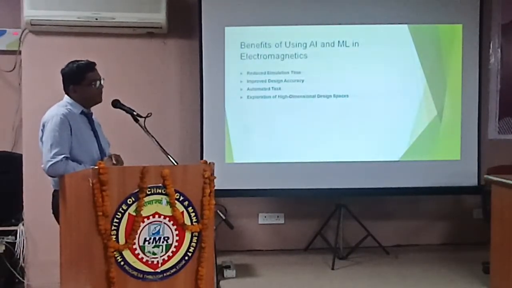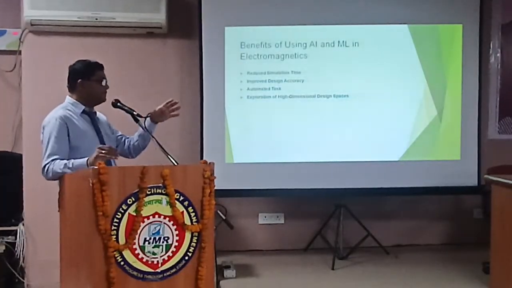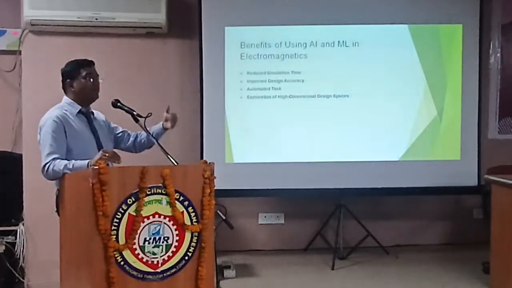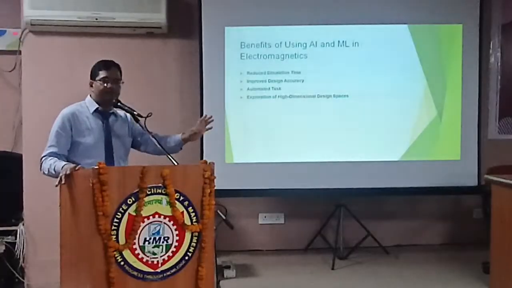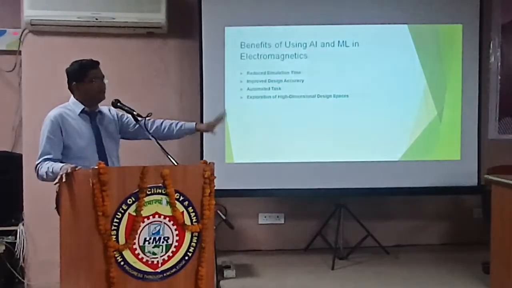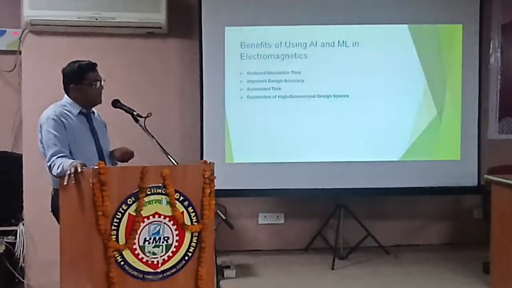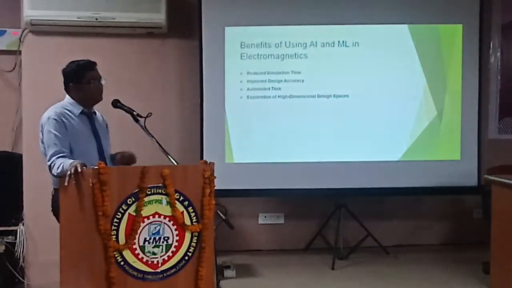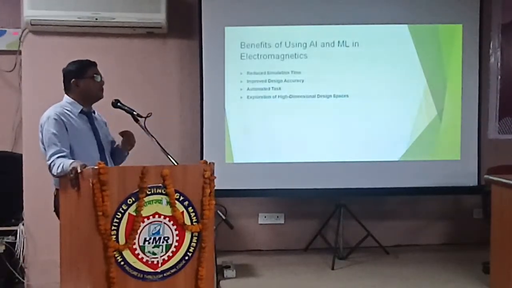When I'm looking for an automated task, let's say I want to design some sort of an antenna for one industrial production purpose, and I know that this is a fixed set of frequency and a fixed design that will be rolled out. So can I create an ML generated algorithm which will give me the complete dimensions of this particular antenna, so that the complete task now becomes automated?